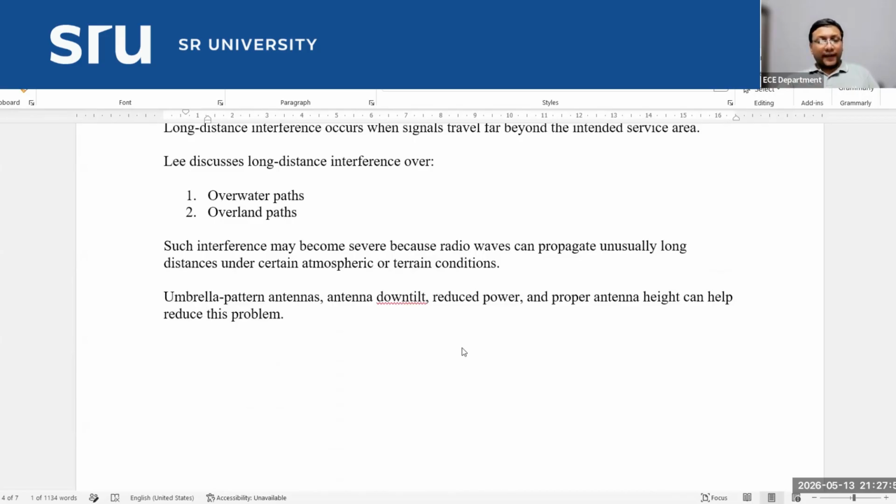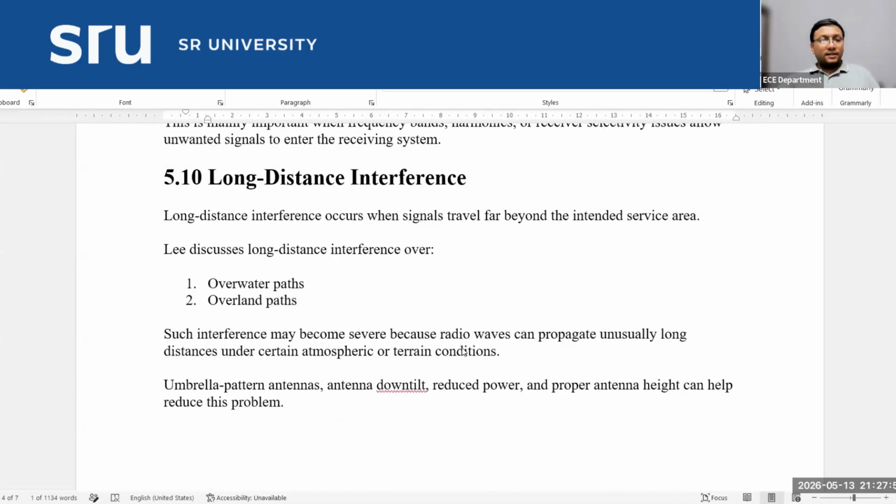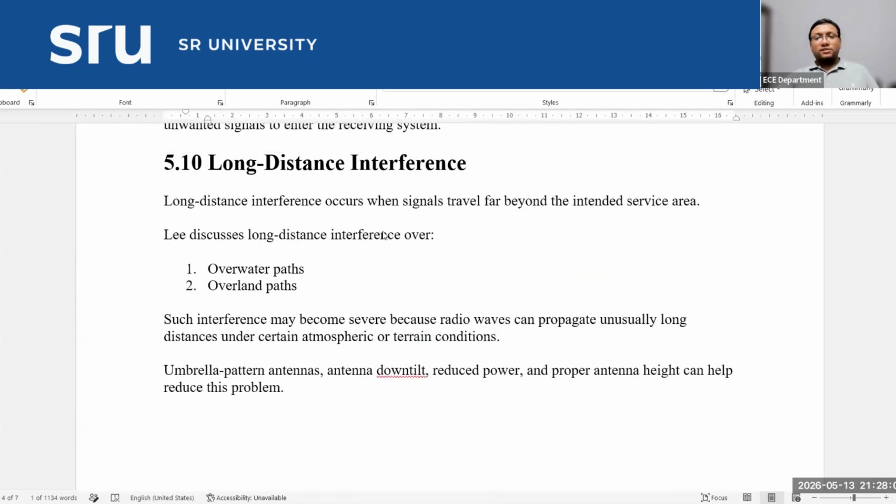And the final cause of interference is the long distance interference. So what is long distance interference? Suppose two mobile signals are traveling far beyond their intended service area.